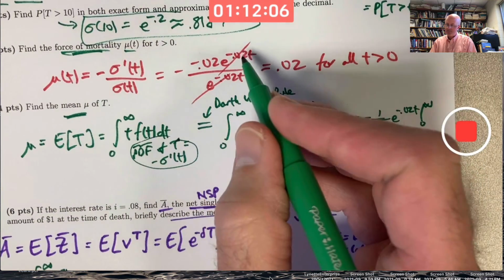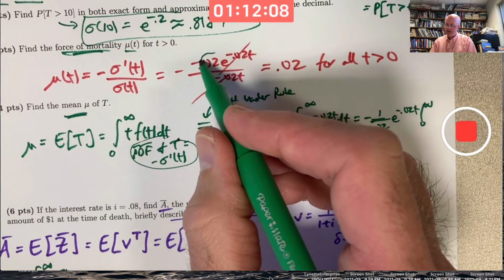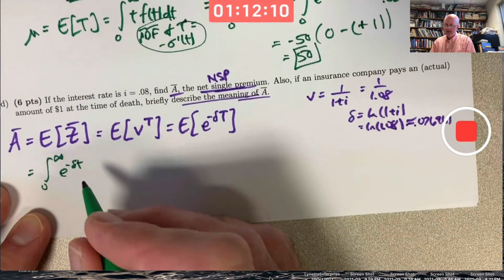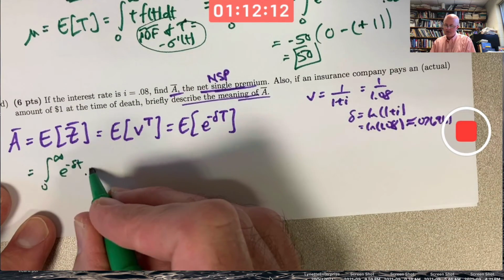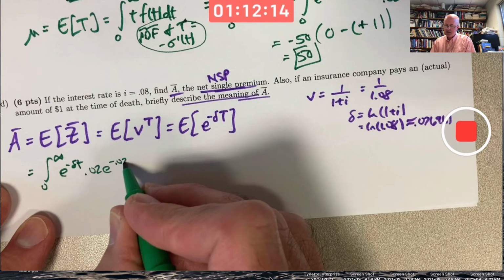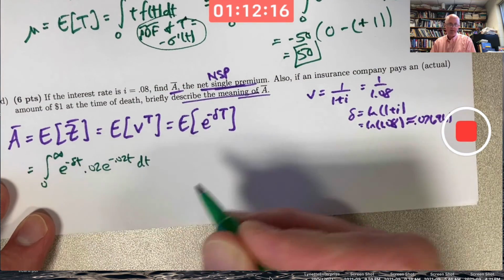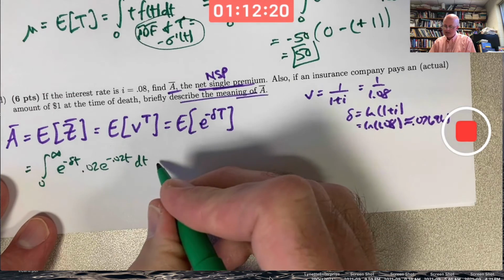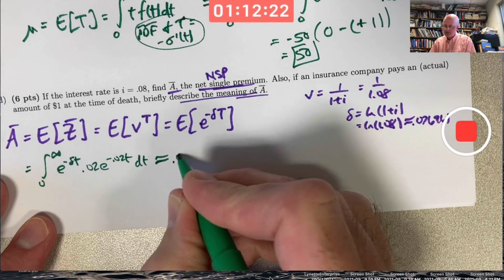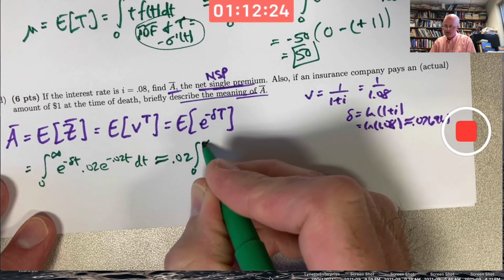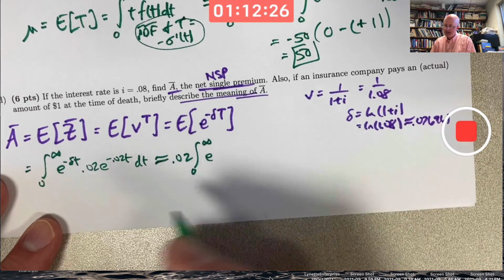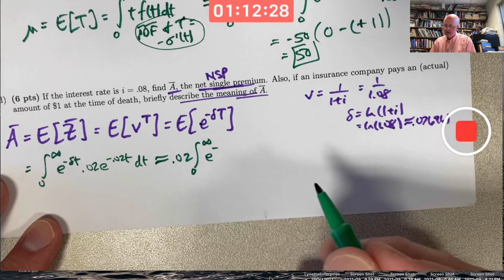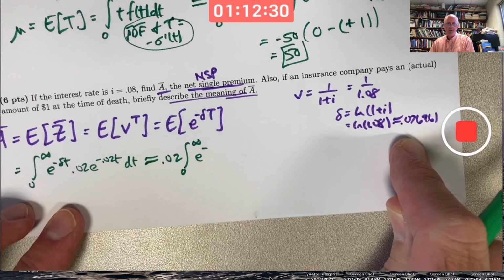The PDF is really this thing right there, 0.02 e to the negative 0.02 t. Delta is approximately this. So this simplifies to approximately 0.02 integral from 0 to infinity. Add the exponents, you'll get e to the negative delta plus 0.02.